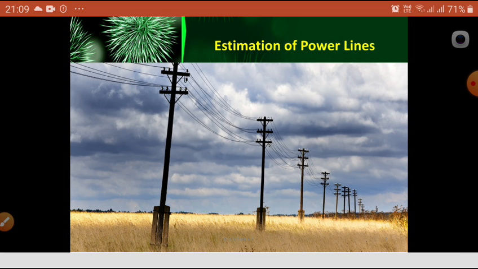For example, this is one area. Here there is no line previously. We have to erect the 11 kV poles, fit cross arms, draw aluminum wire conductors, and place stay sets and all accessories from source to destination. This is our aim today.